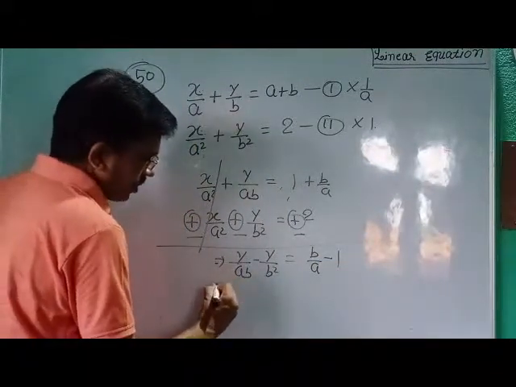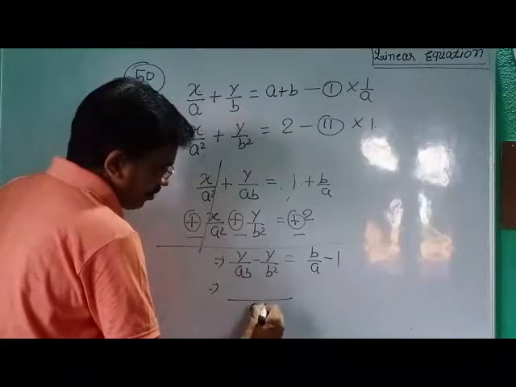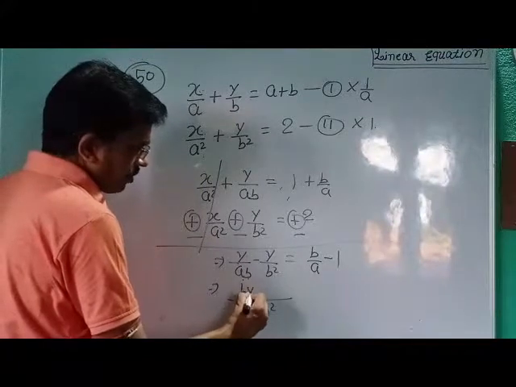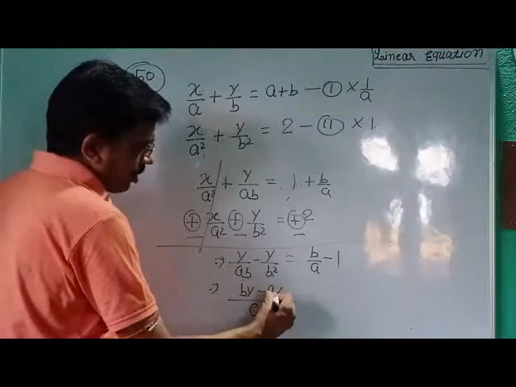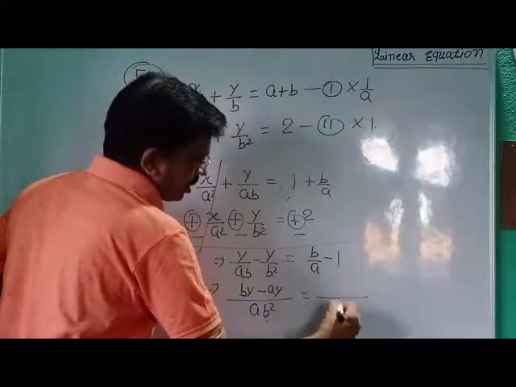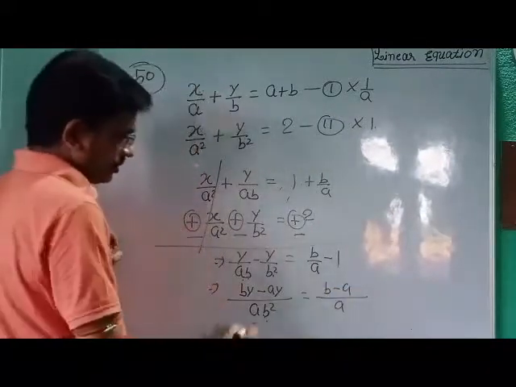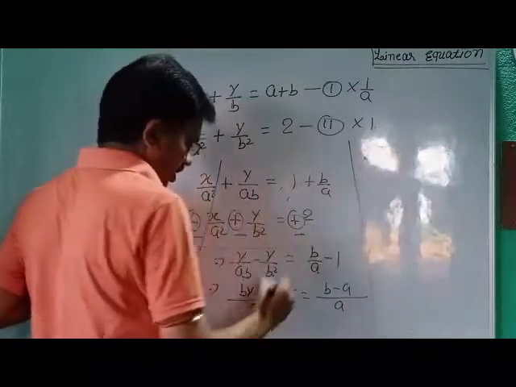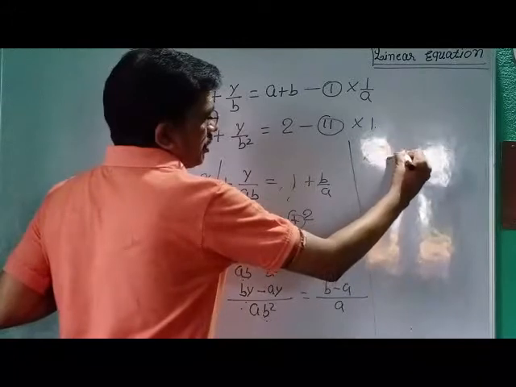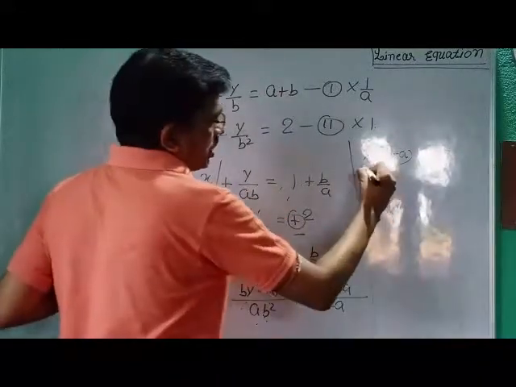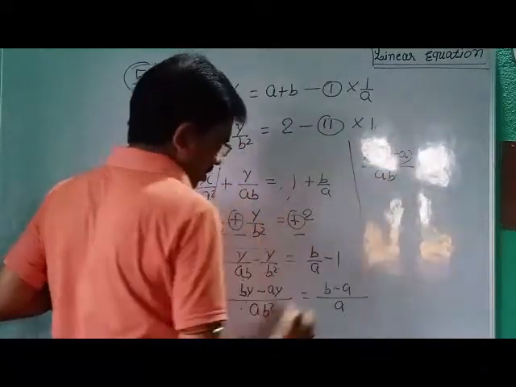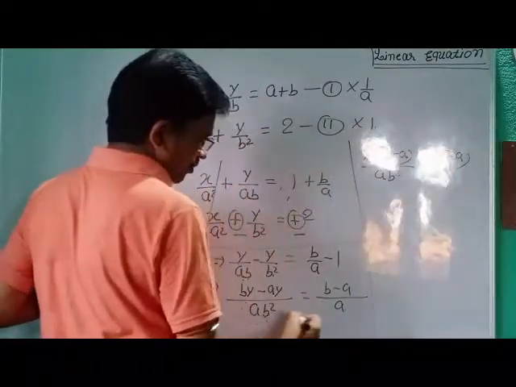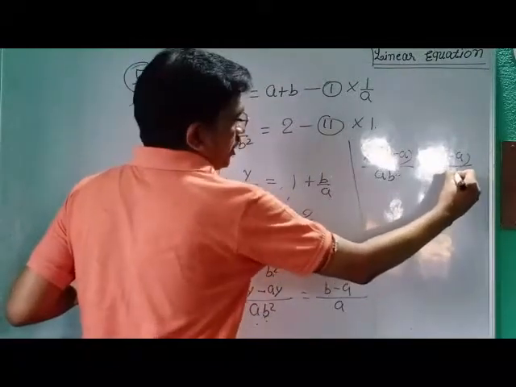Now take LCM, then here you get ab², divided by this you get b, and divided by this you get a, and here is y, then take b - a. Now take y common, and here b - a. So y(b - a) over ab² is equal to (b - a) by a.